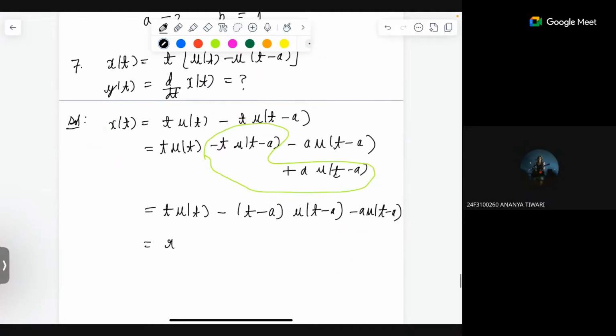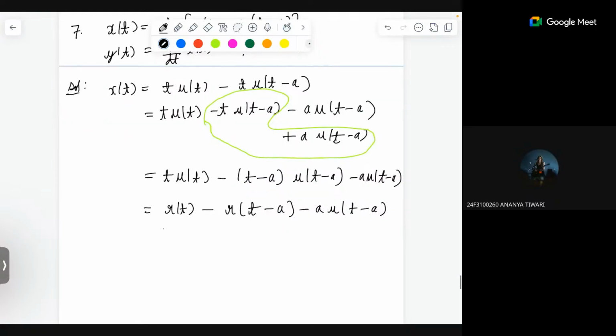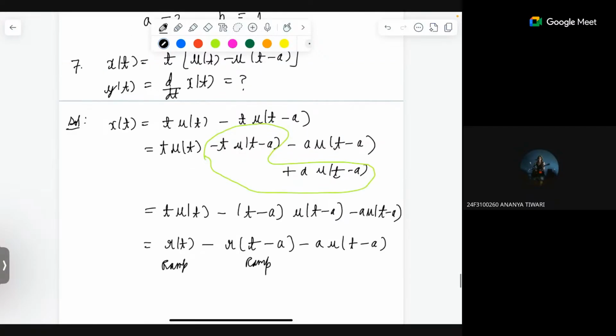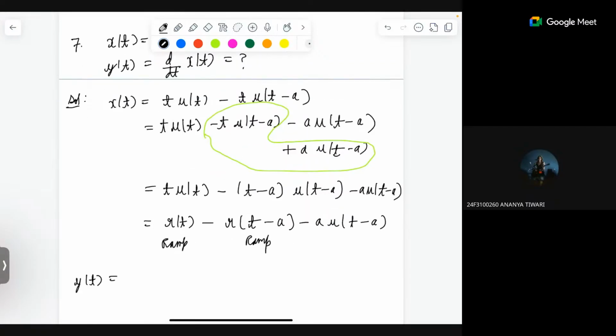Now t u of t is a ramp, right? Second term, (t minus a) u of t minus a, is a shifted ramp r of t minus a, and this term comes as it is. Now I will differentiate, and I know that the derivative of ramp is unit step. y of t is d by dt of x of t.